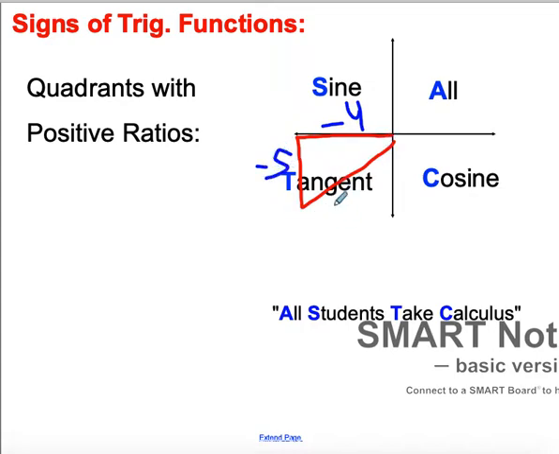Now, again, the r is always going to be positive, so it'd be positive square root of 41, but sine would be opposite over hypotenuse, or y over r. Okay, and so some of these trig ratios will be negative. It's a neat little acronym, I think. So remember, all students take calculus.